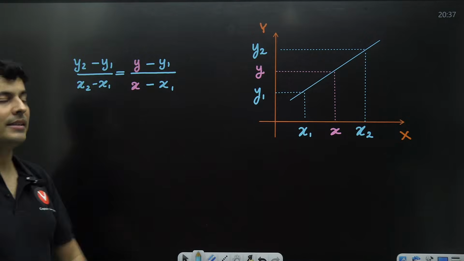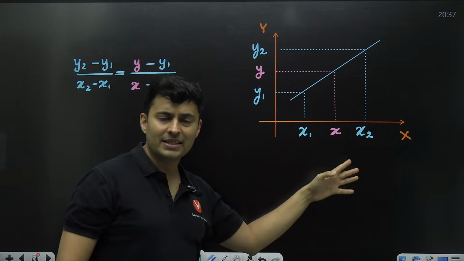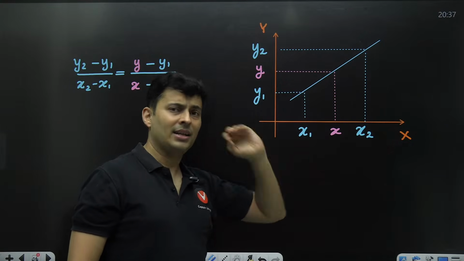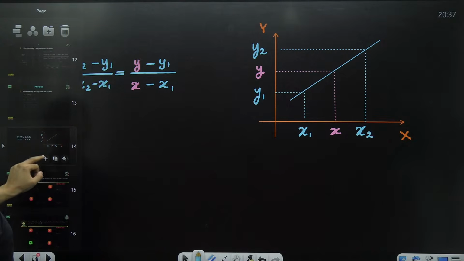It's that easy. So you know the temperatures for boiling and freezing in one scale, boiling and freezing in another scale. You want to convert it from one to another. That's all you need to do. We'll demonstrate this with a simple example. Observe carefully.